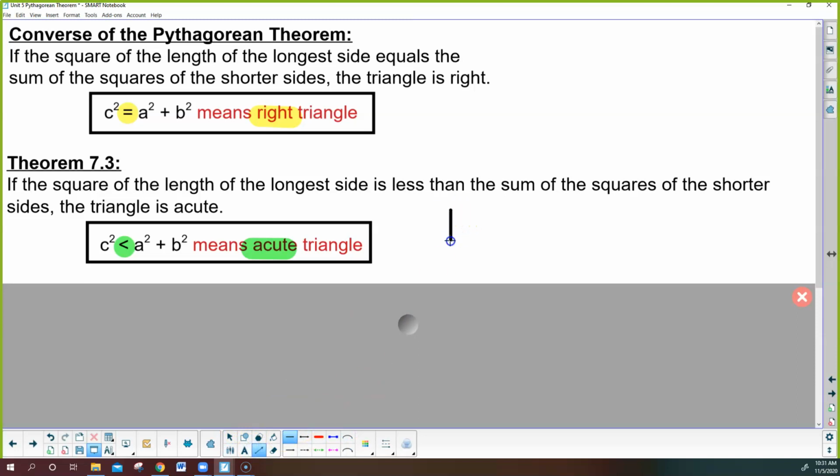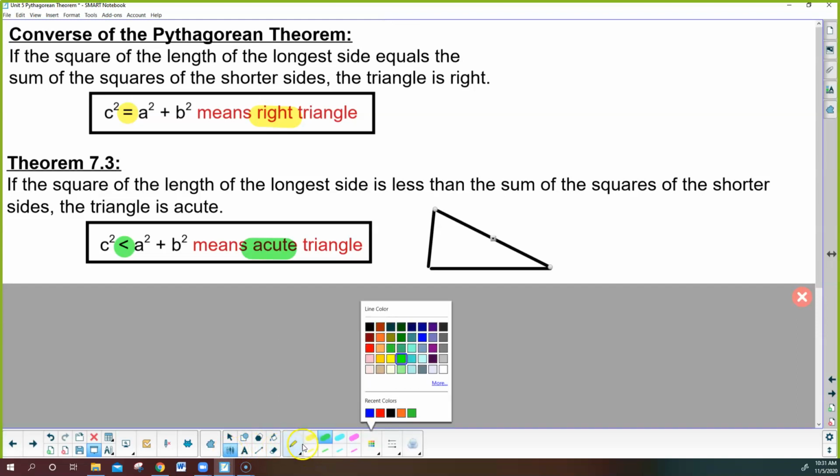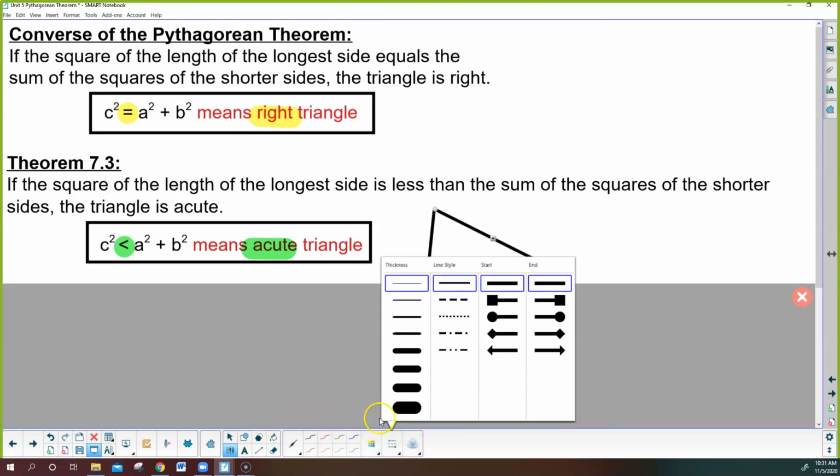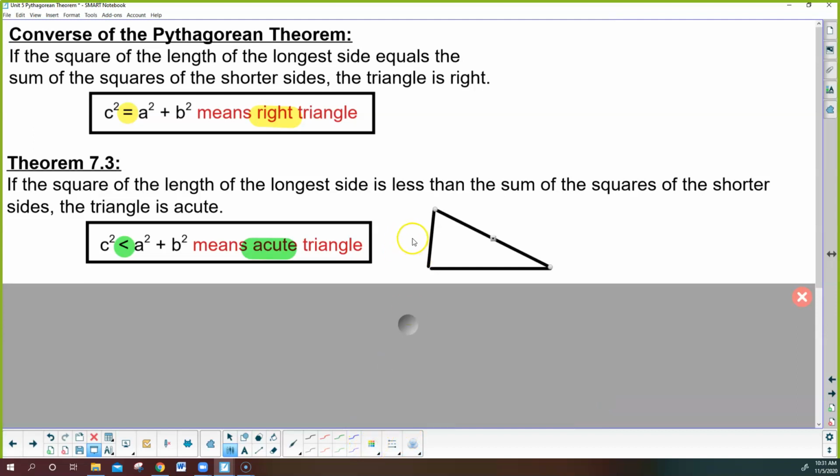Maybe I can do it with the pictures here. So what if I have a triangle that looks like this, and we think that this was a right angle? But then when we check the side length A, so this side length A when squared and added to the side length B when squared, these two end up being bigger than the third side.